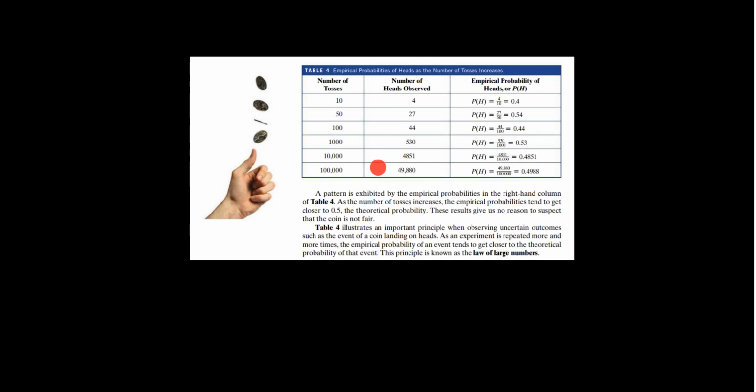You would think that if you flip it 100,000 times, it would be exactly 50-50. But the odds of it being heads or tails on the next toss are still 50-50, so that's why we're still not exactly at 50-50.